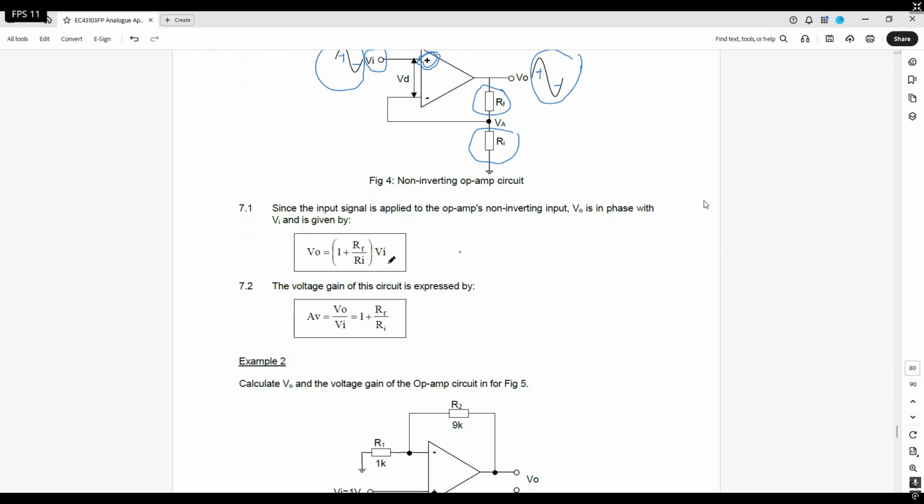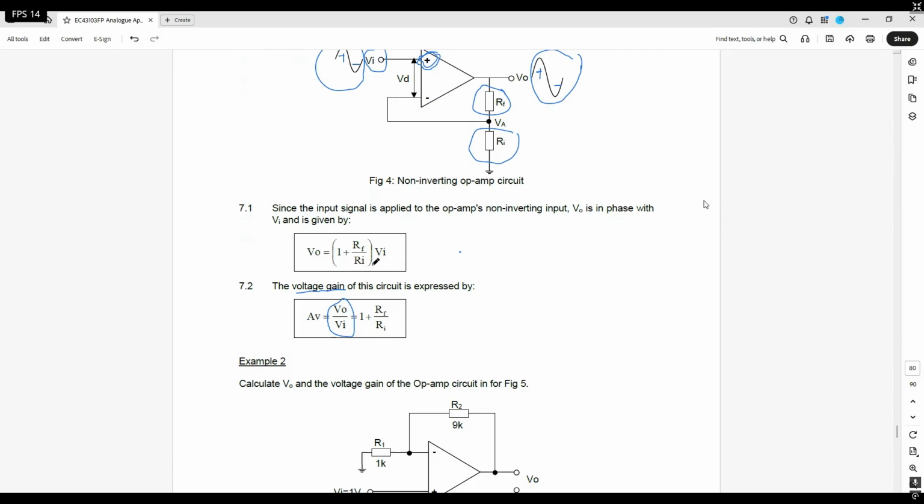Also, this is a formula given to you. Or if you want to move the VO over VI, also can, then it will become the next one. You look carefully, the next one is voltage gain. Most of the time it is given as V out over V in, which equals 1 plus RF over RI.